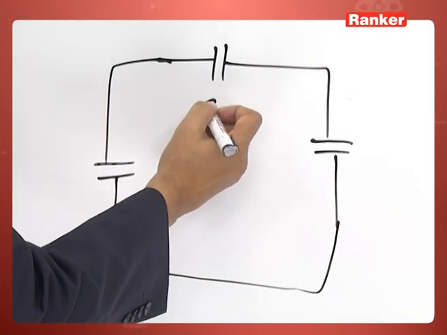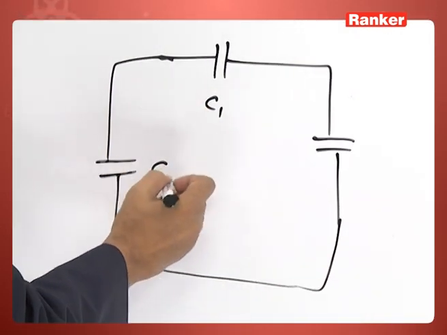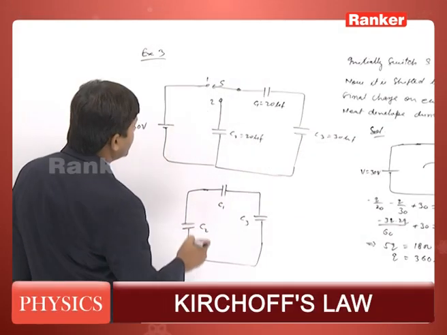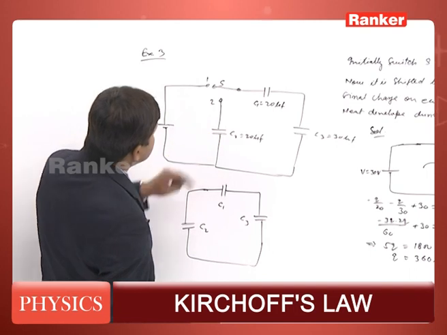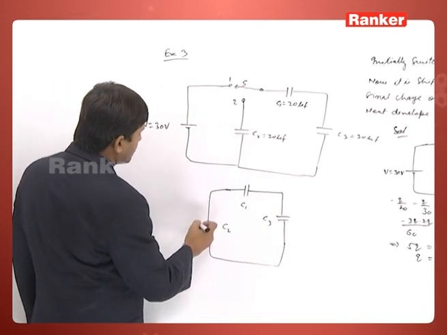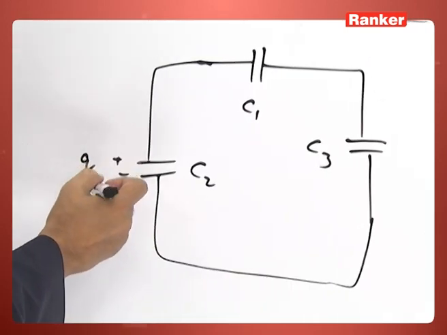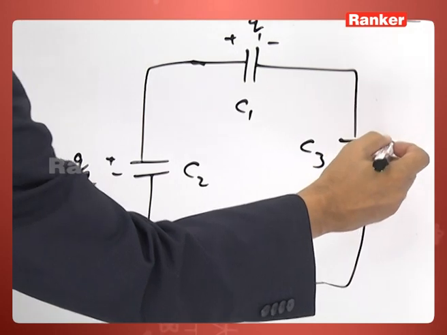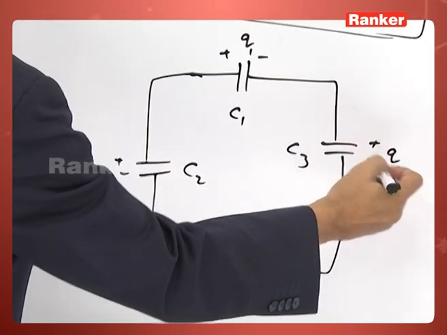This is your C1 capacitance, C2, C3, and let C2 be uncharged. So during the connection, the charge will flow. Let the final charge distribution be like this: Q2 here, Q1, and let this one be Q3.